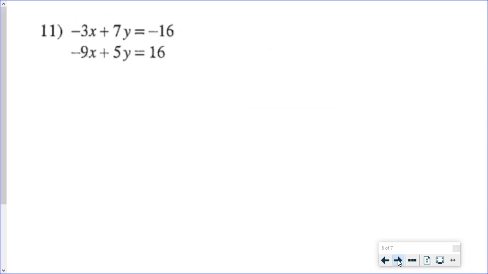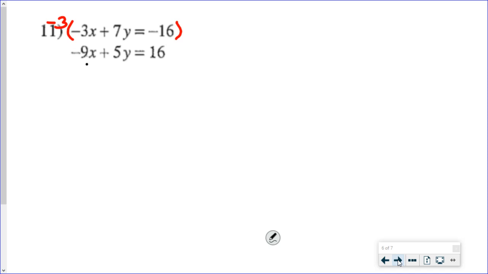Now, the hardest part here would be that it's not just a positive and a negative. It's not just a 1 number. But if I look here, I can multiply through by a -3, because just a 3, they're both negative, isn't going to work. But if I multiply 3 times 3, it's 9, negative times a negative.